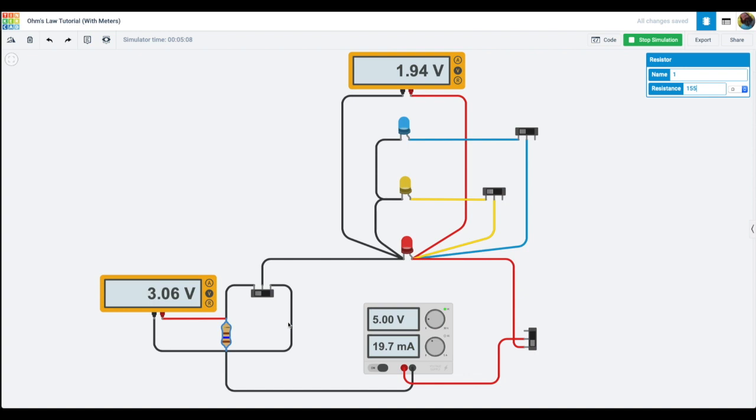If we round it up to make it easier, we take the 2 volts across the LEDs and divide it by the 20 milliamps in the circuit. So 2 divided by 0.02 will give us a resistance of 100 ohms. So basically there's a 100 ohm resistor where the 3 LEDs are, and that's the difference.